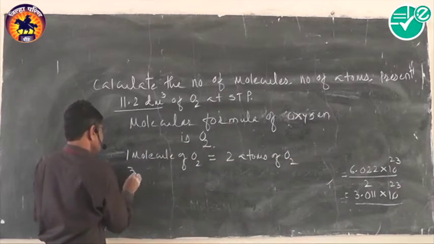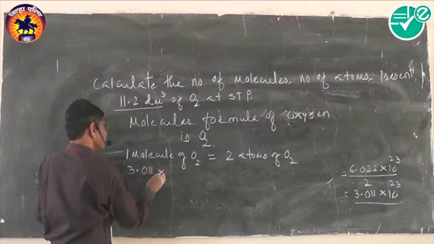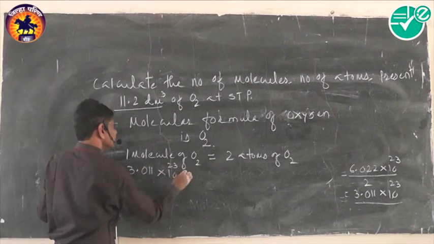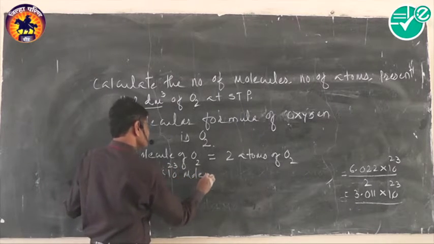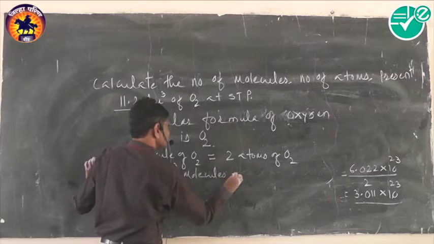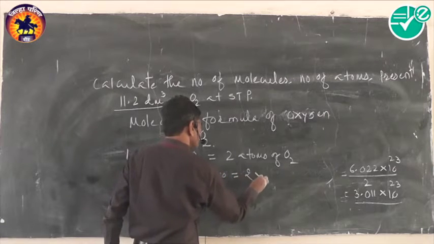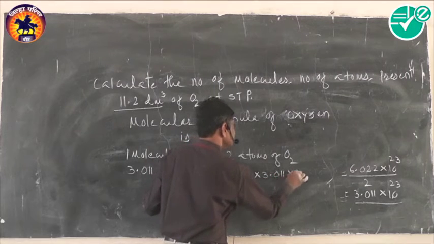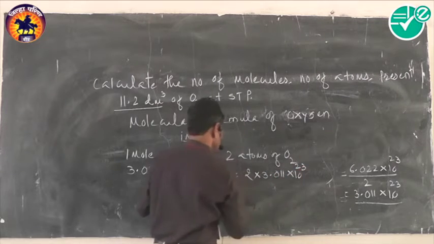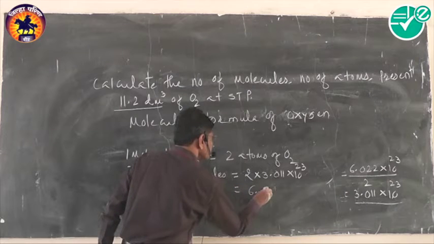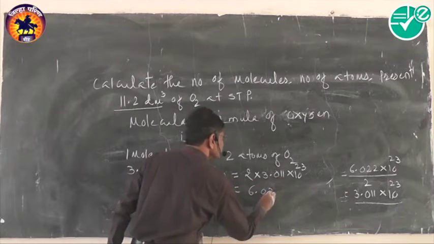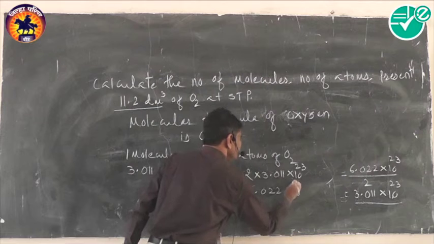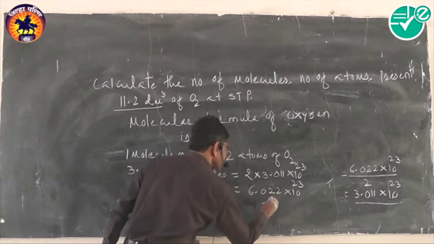Then 3.011 × 10^23 molecules corresponds to 2 multiplied by 3.011 × 10^23. So that is equal to 6.022 × 10^23 atoms.